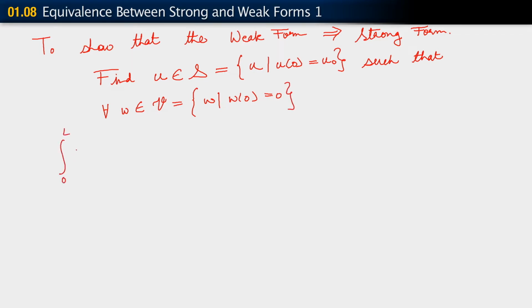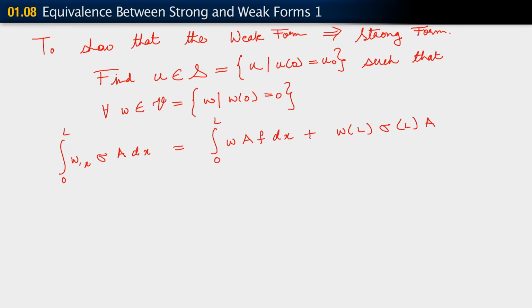Integral 0 to L W comma X sigma A dx equals integral 0 to L W A F dx plus W at L sigma at L A. That is our weak form.